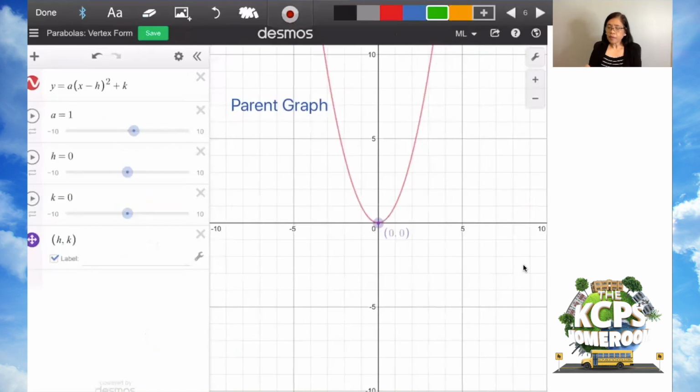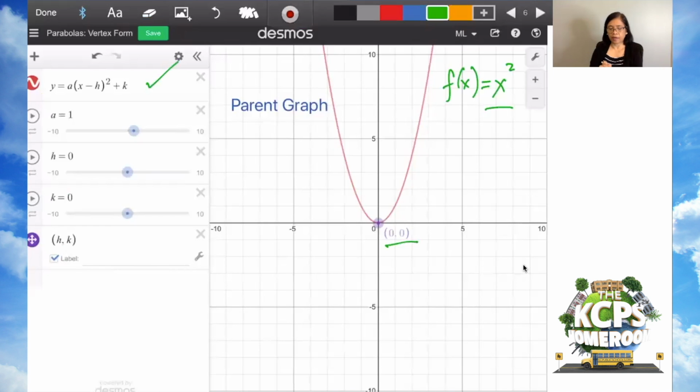We will start with our parent graph. Again, this is a parabola. If we have f of x is equal to x squared, this is a parabola with vertex at the origin, whose coordinates are 0, 0. Notice here on the left side, I use the Desmos graphing calculator. So this is now our original graph, x squared.